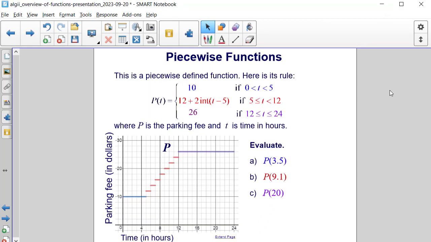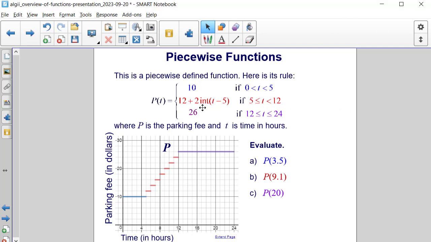The graph shown below is a piecewise defined function. Here's its rule. P of t is equal to 10 if the time values are between 0 and 5, not including both endpoints.